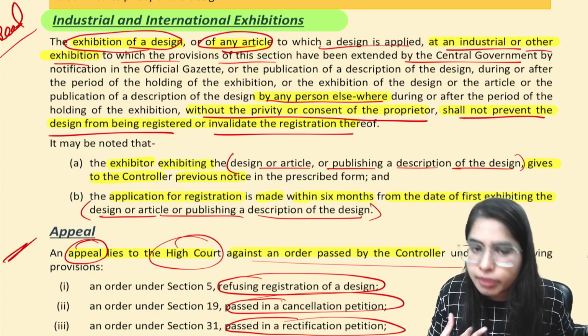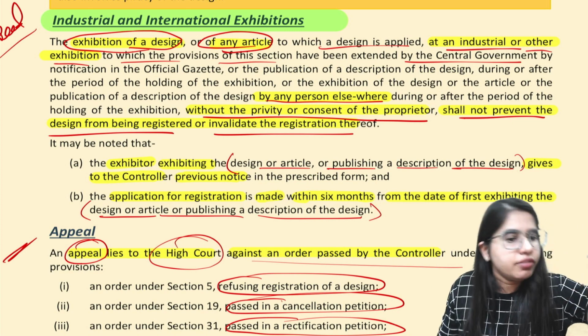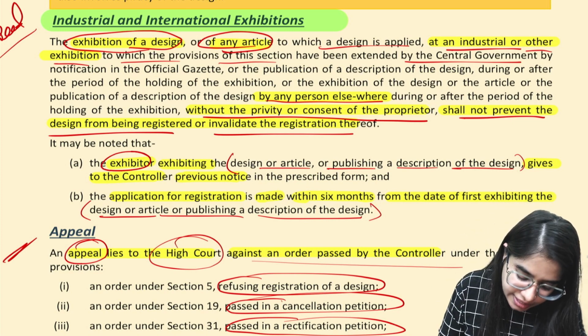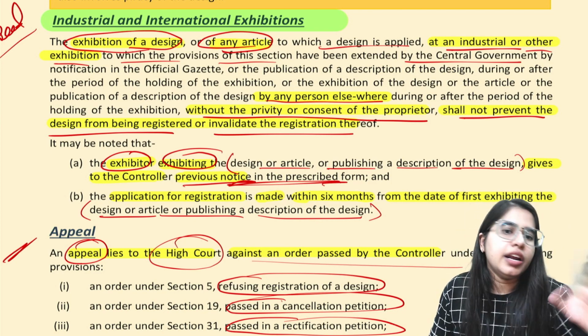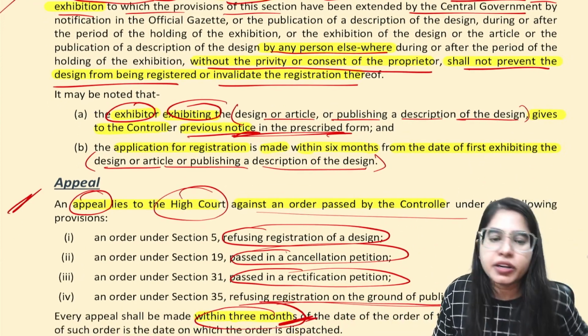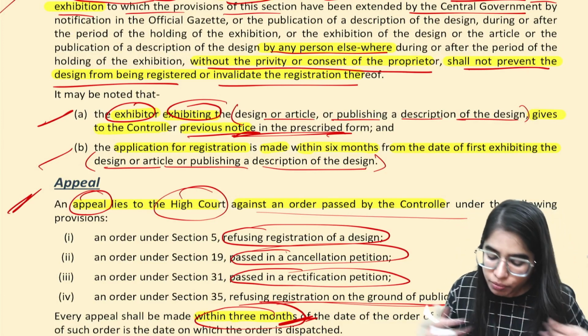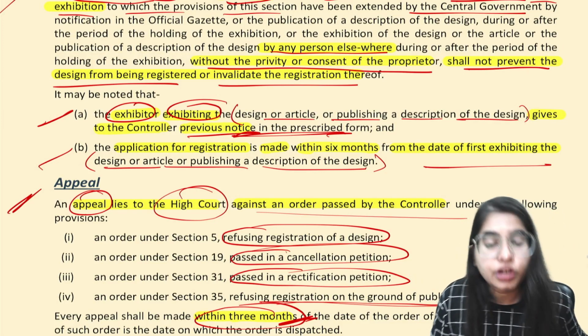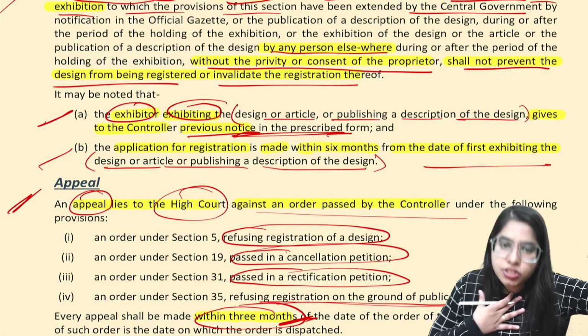No, they cannot cancel my registration on this ground, just because it is shown in an exhibition, provided one condition is there, that the exhibitor has to give me, inform me that I am exhibiting your particular design in this exhibition. And number two, the application for registration has to be made within 6 months from the date of exhibition. Even if my product is shown in an exhibition, can I register?